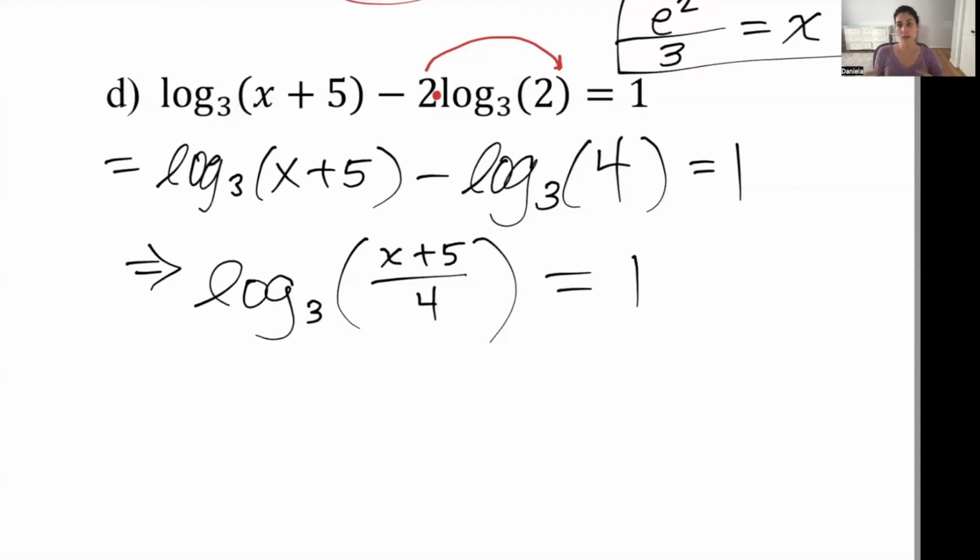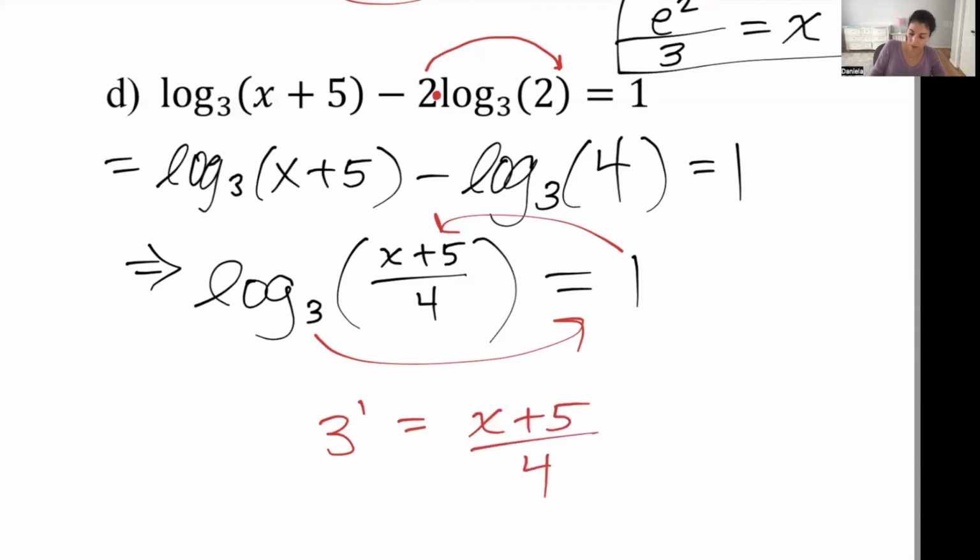Now that we condensed it to one single logarithm, you always want to convert it to exponential form. I do like my little circle thing. So that's 3 to the first power is equal to x plus 5 over 4, just checking that the base of the log matches the base of the exponent. Yep.